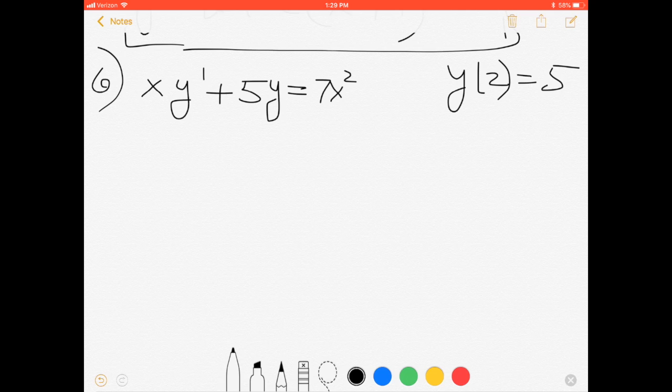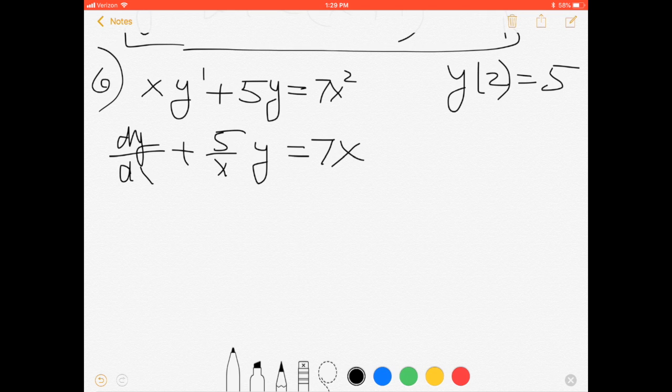Okay, first write our equation in standard form. This means dy/dx plus 5 over x times y equals 7x. Remember, the coefficient of y will be your p(x) function.